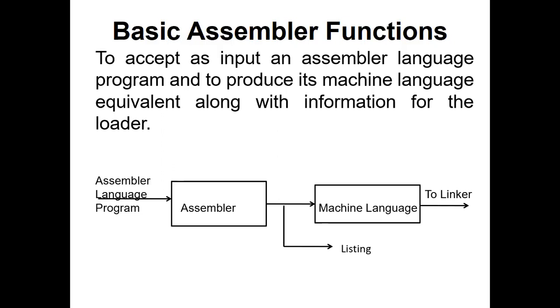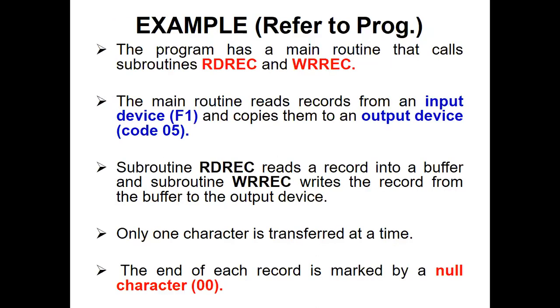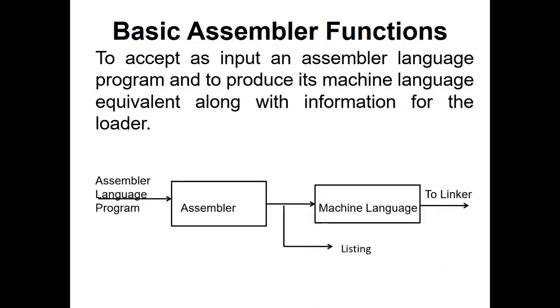So you get machine language instructions and the program listing needed by the loader. After the program is loaded, like we see later on, it may be passed through a linker and then it is executed. That is what you have to note as far as the functions of the assembler are concerned.